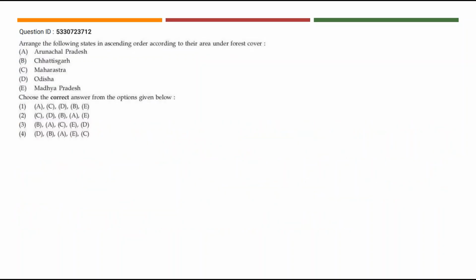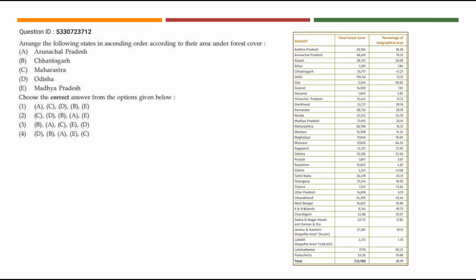Next question, arrange the following states in ascending order according to their area under forest cover. So I have got this from the forest department website. So let's check for the states. Arunachal Pradesh, Chhattisgarh, Maharashtra is here, Madhya Pradesh is here, then Odisha. So let's take the total forest cover number alone.